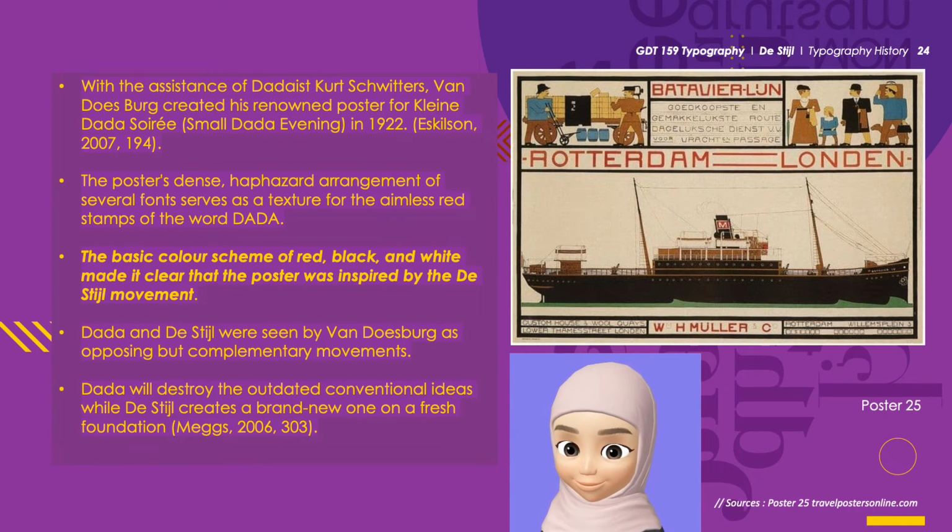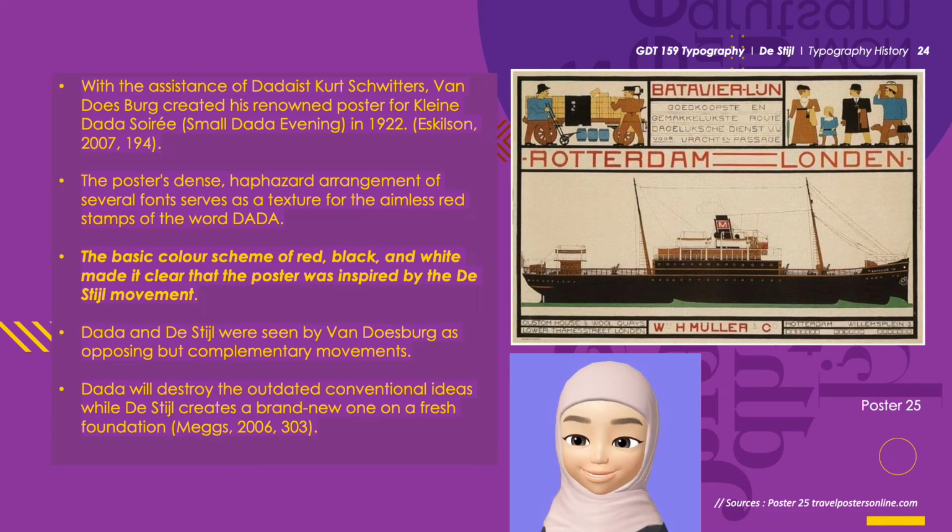With the assistance of Dadaist Kurt Schwitters, Van Doesburg created his renowned poster for Kleine Dada Soirée, Small Dada Evening, in 1922. The poster's haphazard arrangement of several fonts served as a texture for the aimless red stem of the word Dada.